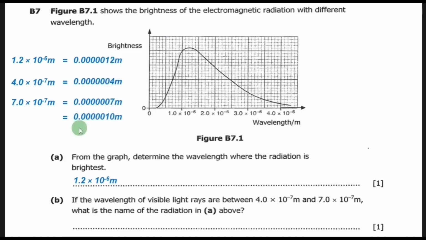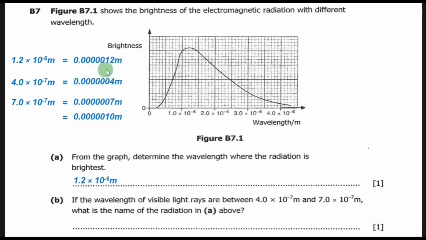I can have 0.0010 meters. Still, this one is less than this, but now it means that this and this are almost neighbors. All right, so meaning this visible light should be a neighbor to this radiation here.